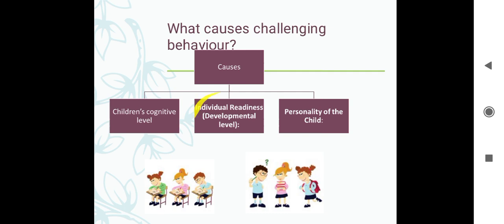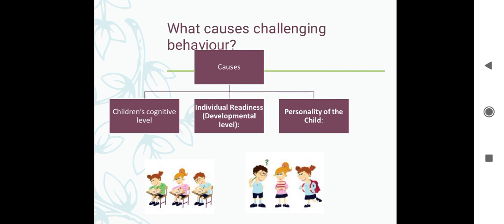Number 2, individual readiness development level. Individual readiness development level refers to children who could not perform a good behavior because they are incapable of doing such a thing due to their physical immaturity. They may intentionally perform certain tasks but end up spoiling it.